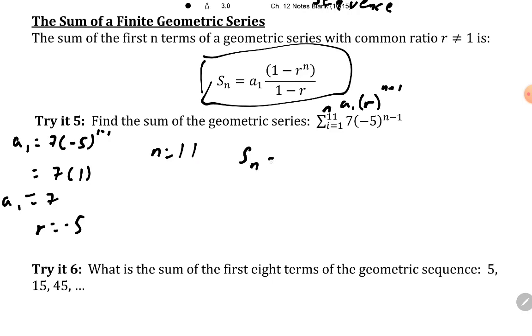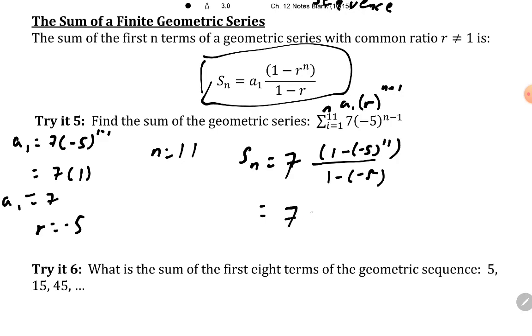S sub n equals a1, which is 7, times the quantity 1 minus negative 5 to the 11th, over 1 minus negative 5.